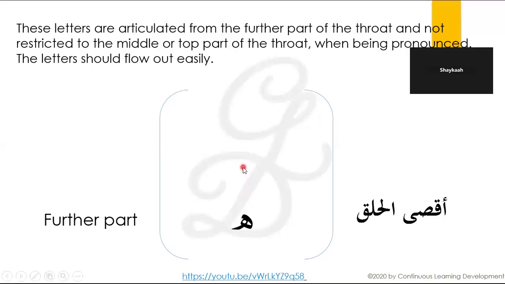Then I'm going to move to the middle of my throat and add a slight smile and some air into the letter. Once I add the air, that becomes a different type of Ha. You should be able to hear some air, some breath with that letter.